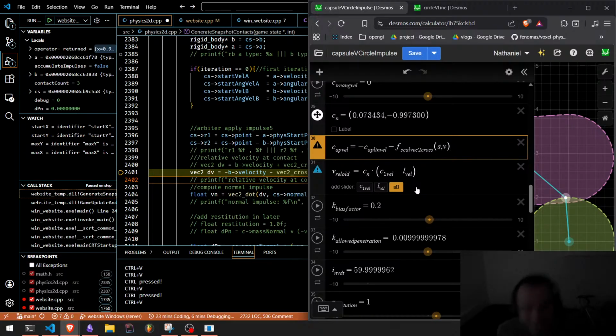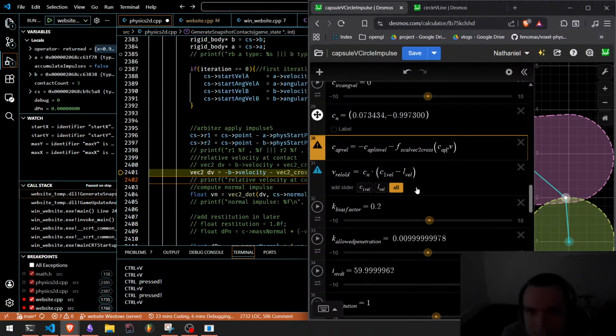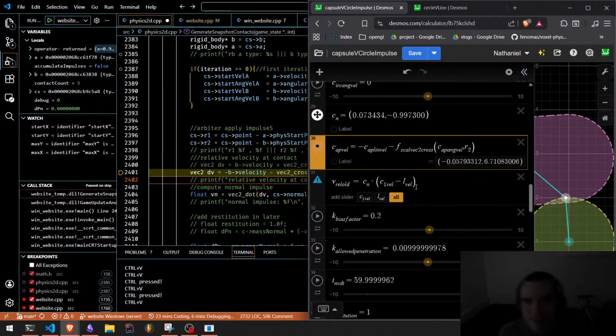So we have the negative linear velocity of the capsule minus the cross product between the cap angular velocity with the lever arm. And what that's telling us is that at the point of the contact, these shapes are composed of an infinite set of points around the boundary.